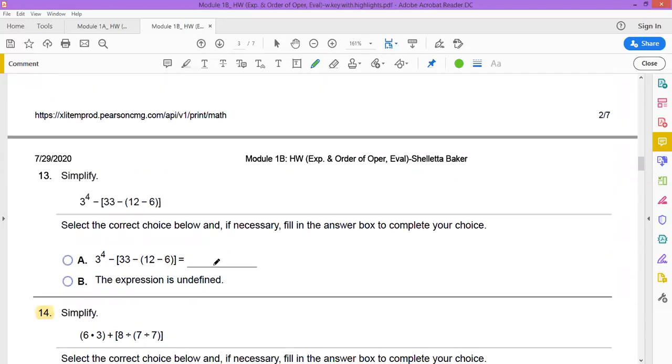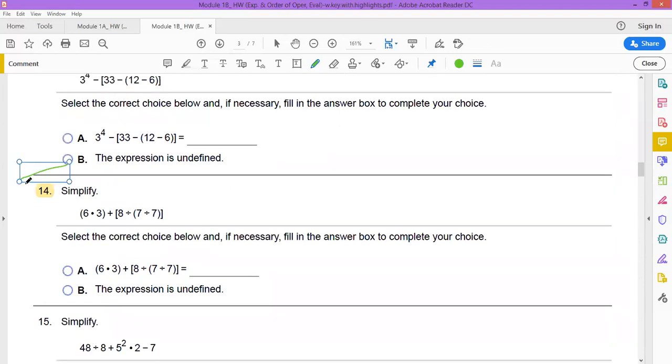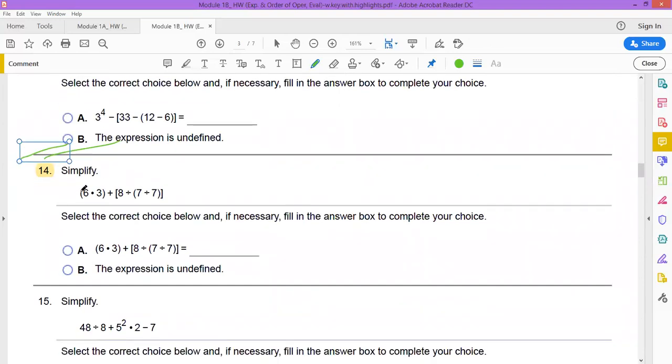All right. Let's look at number 14. Now for number 14, again, you have order of operations. In parentheses, we see 6 times 3 plus brackets 8 divided by, and then in parentheses, 7 divided by 7.